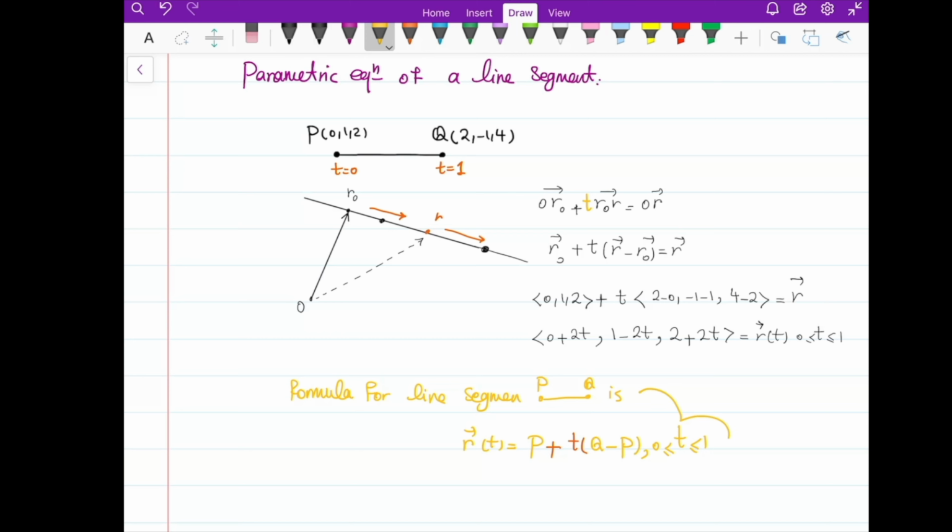This is the parametric equation of a line segment.